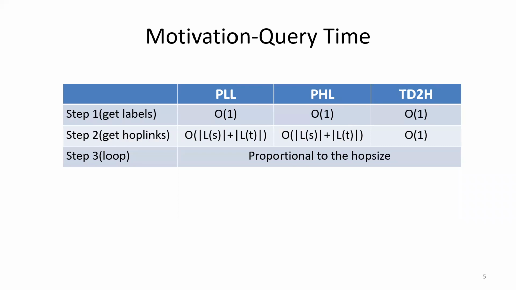Our motivation is to reduce the query time. The tree decomposition two-hop labeling method has the best time complexity, and we find that the remaining thing we can do is how to reduce the hop size.